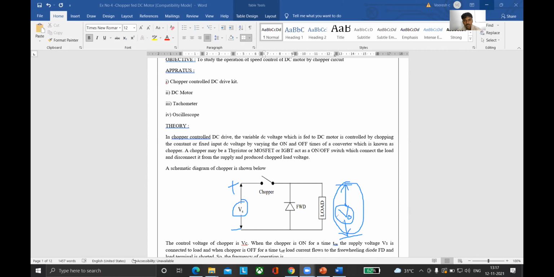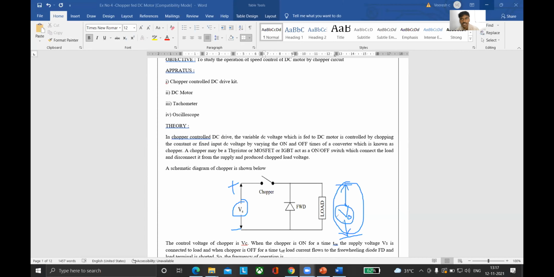If the output voltage is varied, then the speed of the DC motor is also varied. But in the case of the chopper, the firing angle we cannot vary.